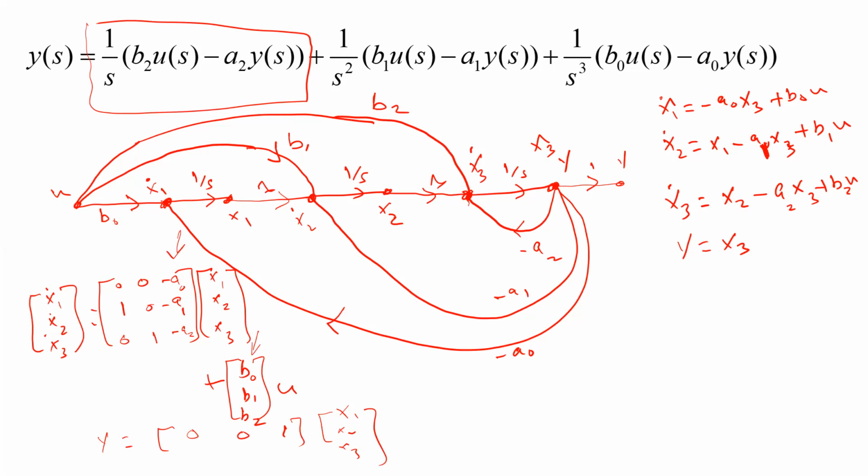And why is that, Doctor? Why don't we have the ones in the super diagonal? Because of the structure of the system. We will come to that. Now we can generalize this, Doctor, right? Yes, for sure. You can take B0 to Bn minus 1 and A0 to An minus 1, and the lower diagonal will be 1, 1, 1, 1, and so on.